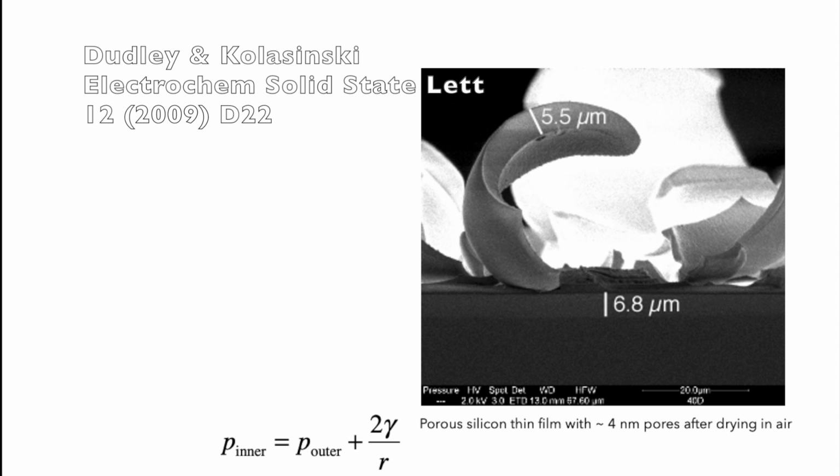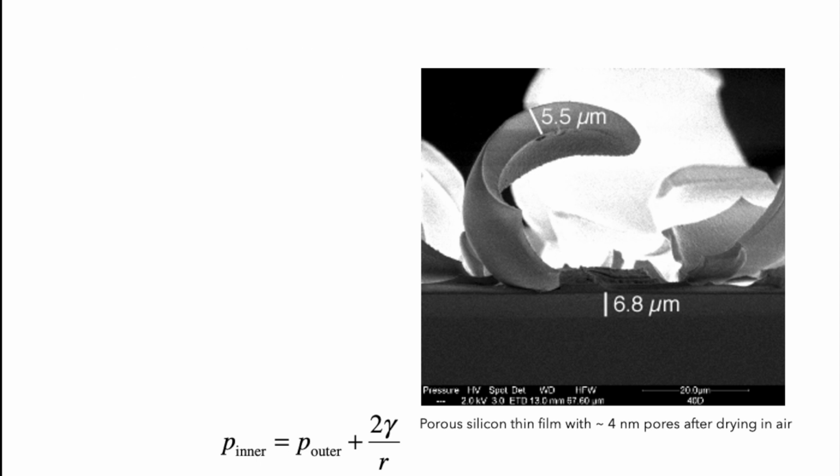Let's say we made a porous silicon film, and then once we had made that by etching, we need to rinse out the etchant, and that rinsing is done with an aqueous solution. In this case, I made a porous silicon film with about 4 nanometer pores. When water enters those pores and starts to evaporate, a meniscus is going to form within the pores.